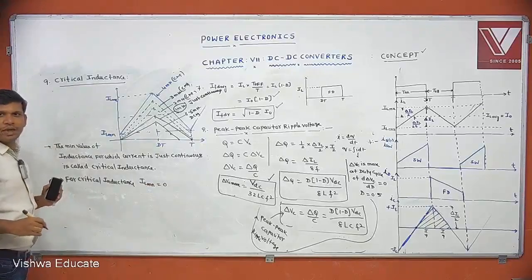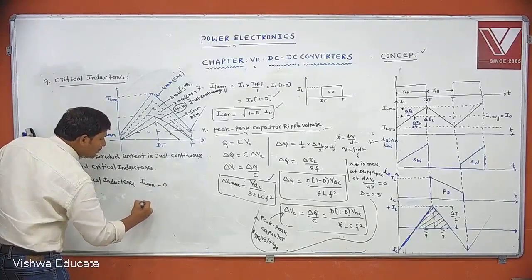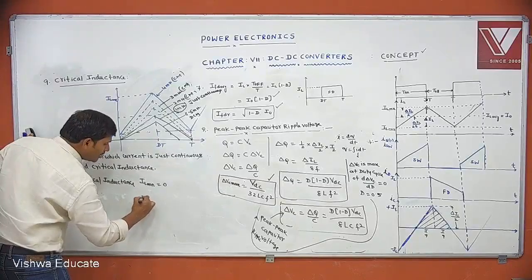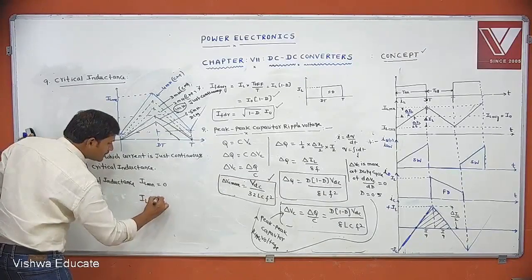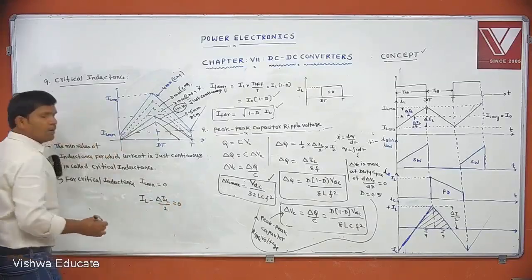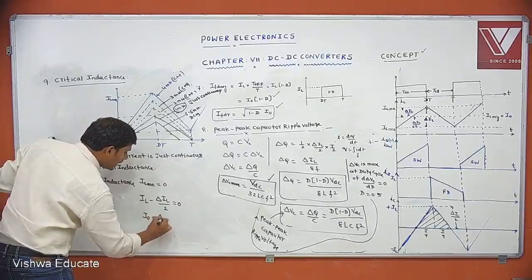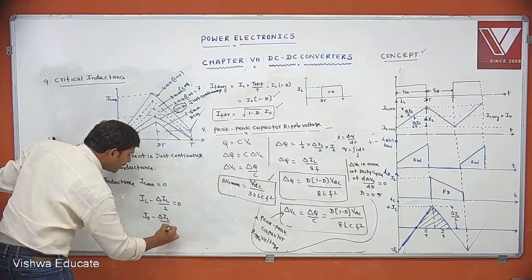Apply this condition to calculate critical inductance. IL minima equal to 0. IL minima is IL minus delta IL by 2 equal to 0. But in the case of buck converter, IL is nothing but I0. So I0 minus delta IL by 2 equal to 0.